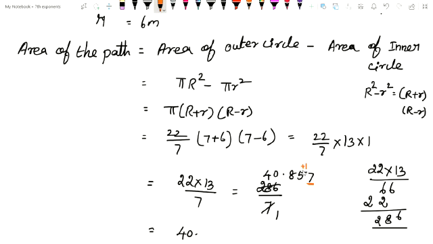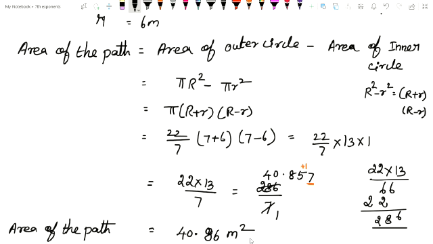Here 5 plus 1, what will you get, children? 6. So what is the answer? 40.86 meter square. So area of the path equals 40.86 meter square. Is it clear, children?